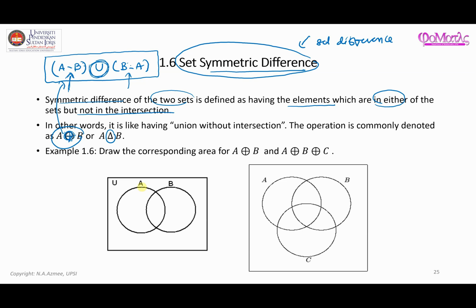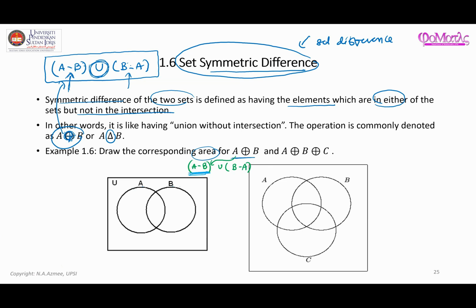Here we have sets A and B, and we're going to draw the area that represents the symmetric difference of A and B. Like I said earlier, the symmetric difference between A and B can be represented by this process: the set difference A and B, union with B and A. So first, if you want to sketch the diagram, we're going to focus on finding the area given by this part first.